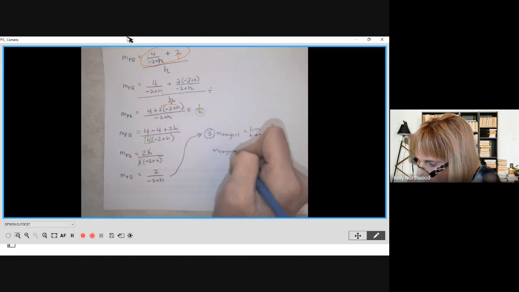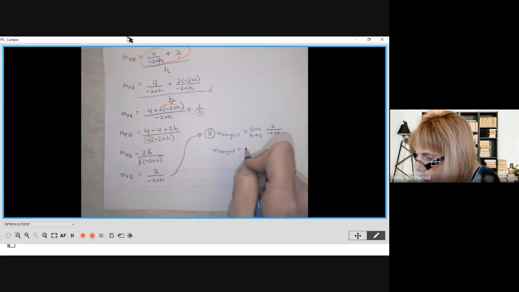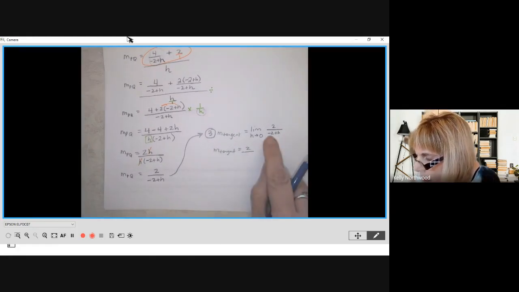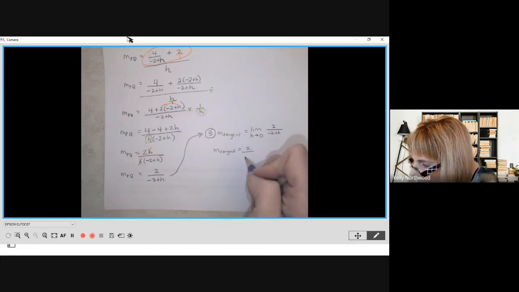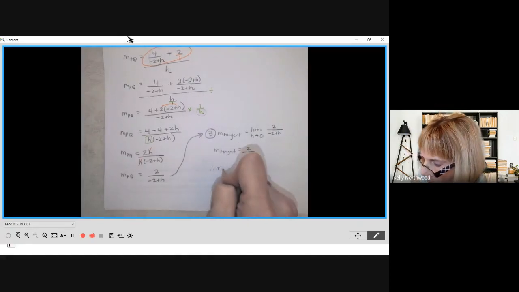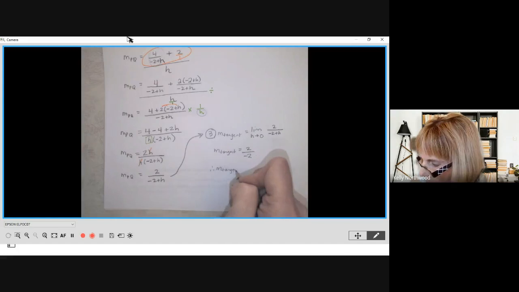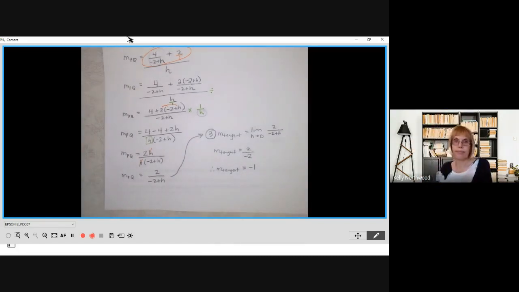So I'm going to let h approach 0. So as h approaches 0, the numerator 2 stays the same. And the denominator, negative 2 plus almost 0 is negative 2. So the denominator approaches negative 2. And then if I divide those, I get negative 1 for the slope of the tangent.